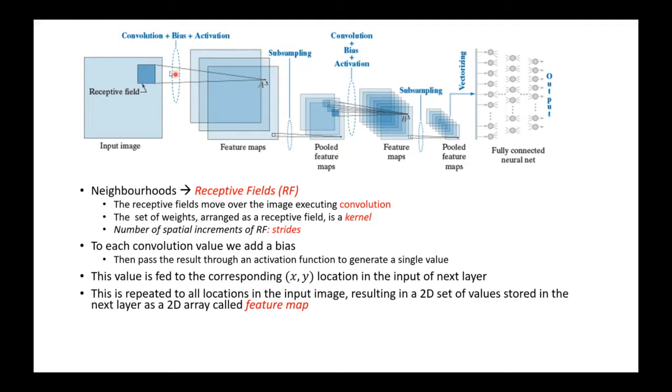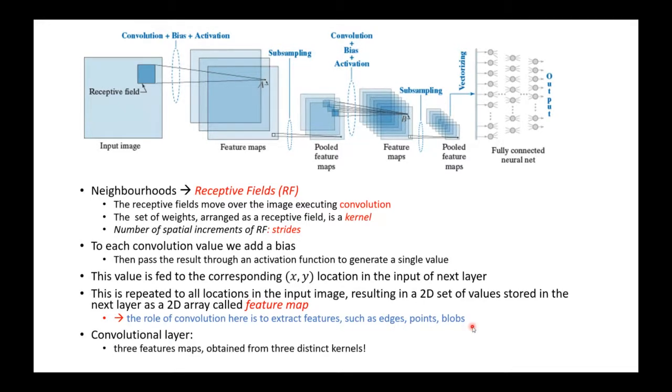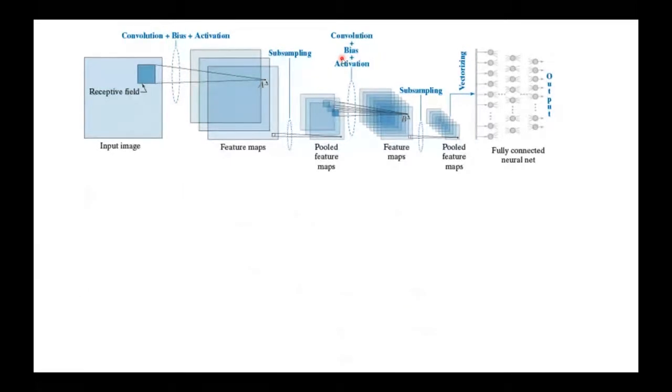So in this example, there are 3 convolution kernels. They are generating 3 results, which are 3 feature maps. The role of convolution here is to extract features such as edges, points, blobs, as we've seen. The convolutional layer has 3 feature maps obtained from 3 distinct kernels.